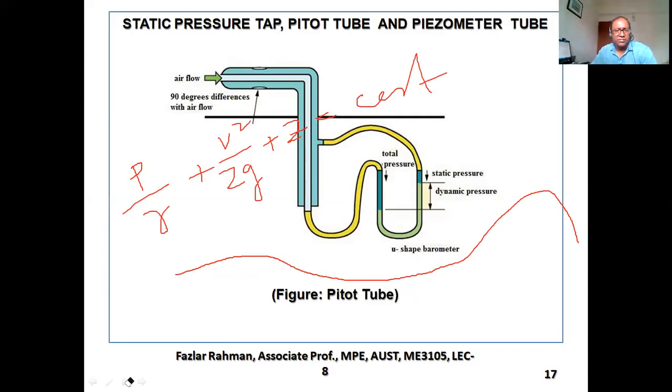So your pipeline is going this way. Now you are applying Bernoulli's equation at several points right over here. So what is the P? You measure the pressure at this point. You measure the velocity. Now what is the z? Z is the potential height.